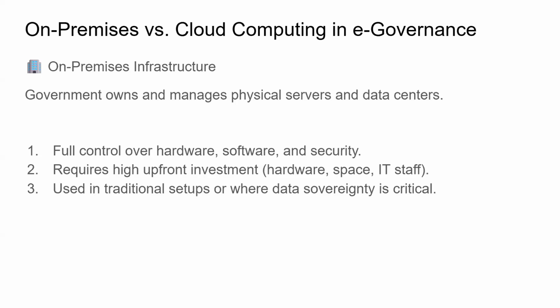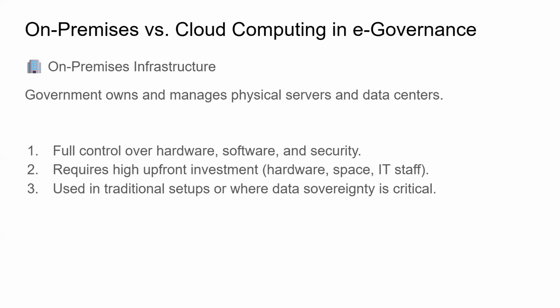Now we can discuss on-premises infrastructure and what the advantages are, right? Normally when we go for on-premises infrastructure, we have full control of hardware, software and security. But we need high upfront investment. We should buy computer servers, very expensive, and also space and IT experts to maintain these, right?